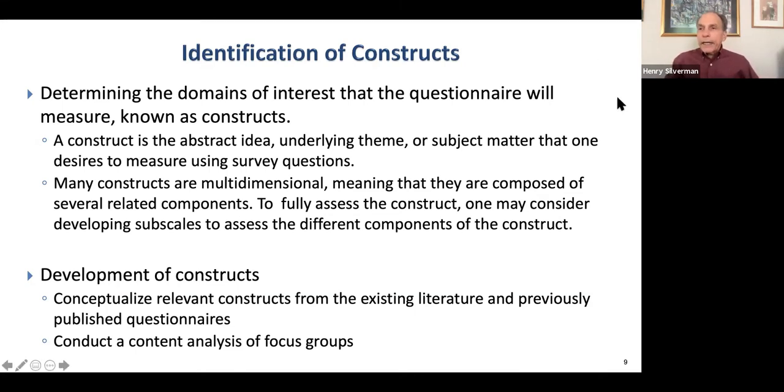And there's several different methods. One, you could conceptualize relevant concepts from the existing literature based on what you want to study, or previously published questionnaires.